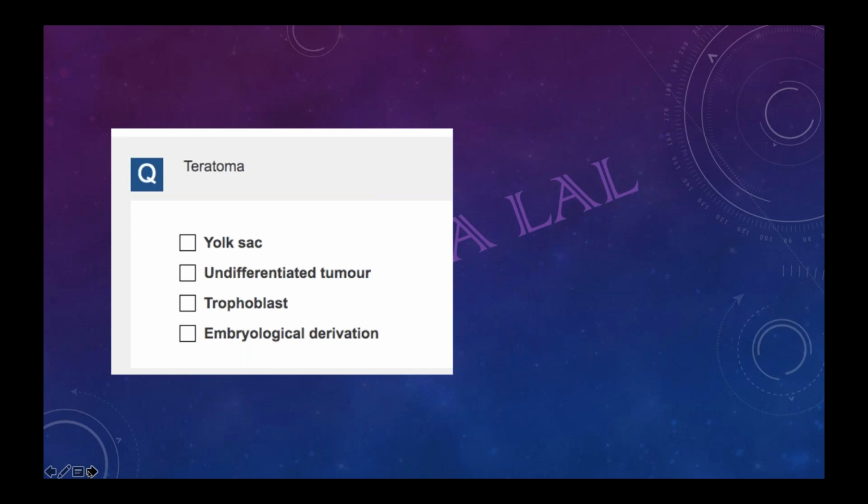From embryology, we have teratoma. Teratoma could be mature or immature. If it is mature, it is a dermoid cyst. If it is immature, it is malignant.